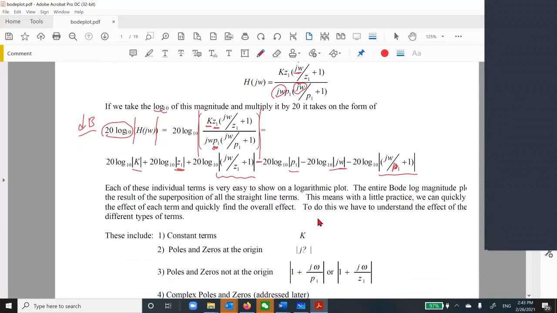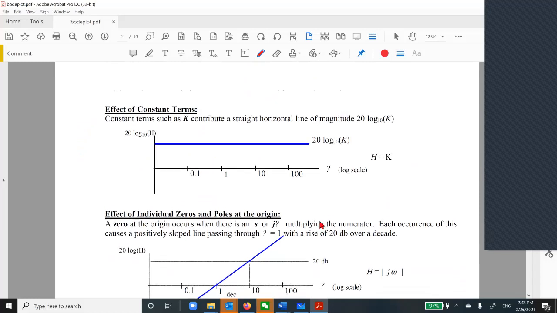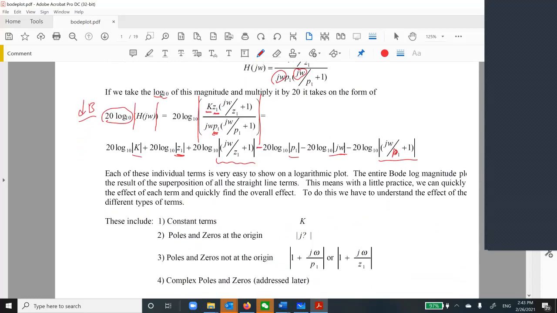You can see we have components here. This is j omega here: poles and zeros at the origin. Then poles and zeros not at the origin, which you have in here.